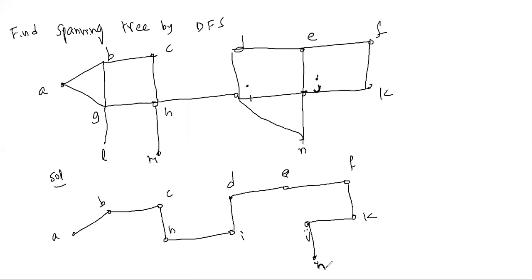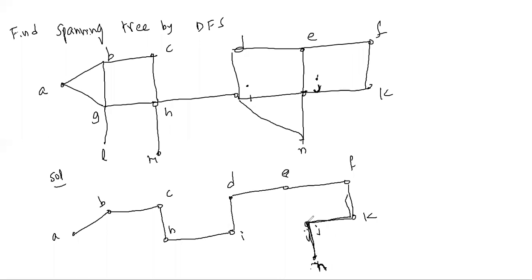So we got to N. If you add any other edge, it forms a loop, a cycle, so you don't add it here. But all the vertices are not covered. So what you have to do is go back. Go back and check for J, is there any vertex not covered? No. Again go back. For K, is there any vertex from the graph to add an edge and cover?